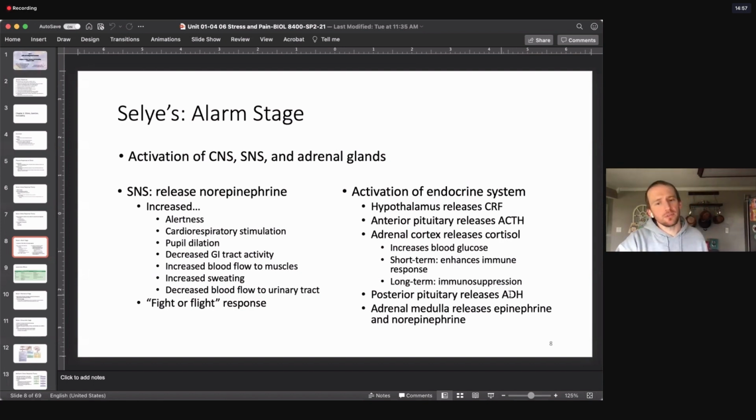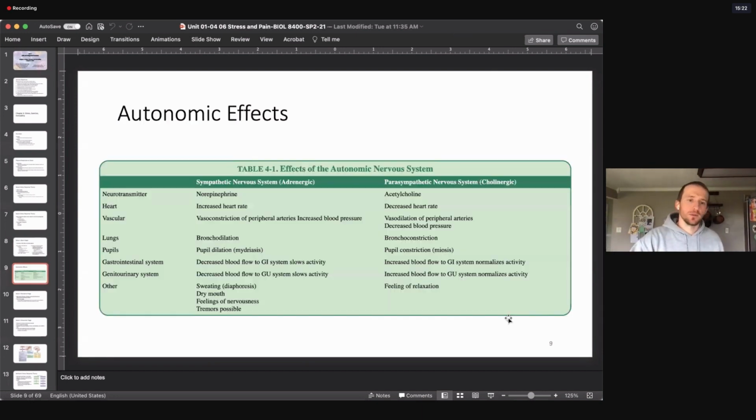The posterior pituitary gland releases antidiuretic hormone, which allows for water balance, so that you can retain that water, keep that blood pressure nice and high, which corresponds to the fact that your urinary tract is going to be less active. And then the adrenal medulla is going to release more epinephrine and norepinephrine. So you're going to get more catecholamines that continue that response in the alarm stage.